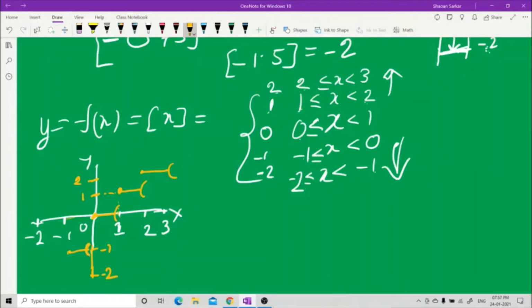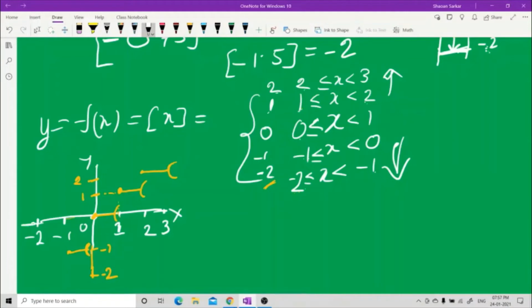Similarly for -2, the direction remains the same everywhere. Between -2 and -1, it is -2. So you have -2. Now I have to draw -3 also here somewhere.